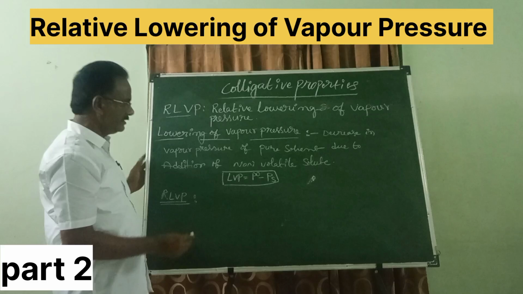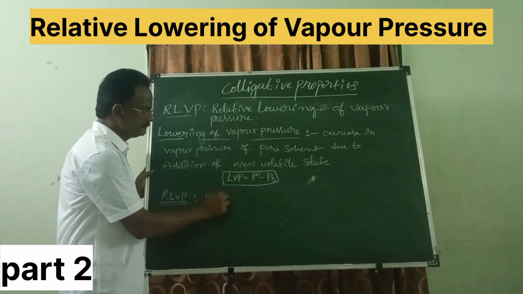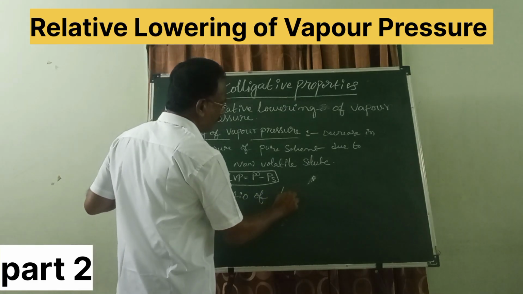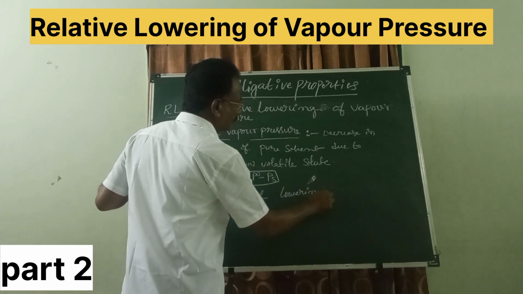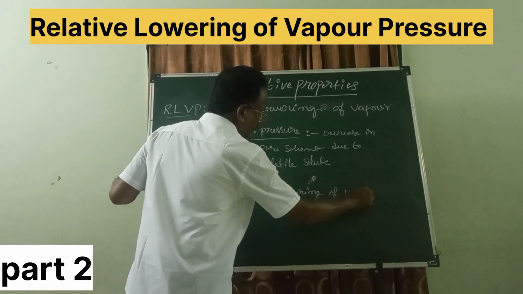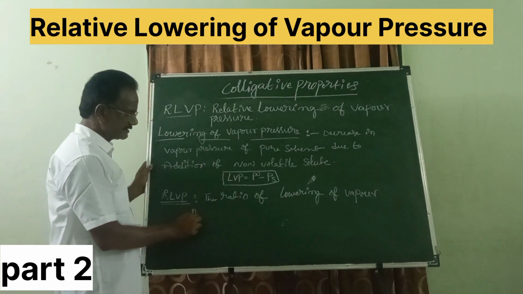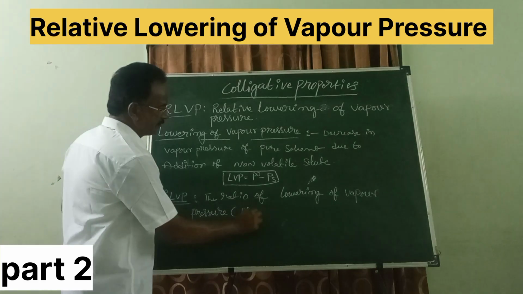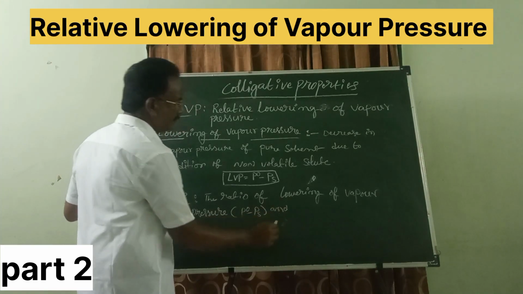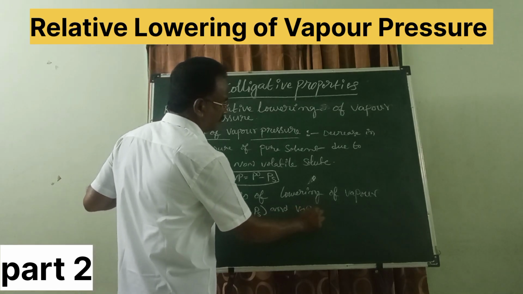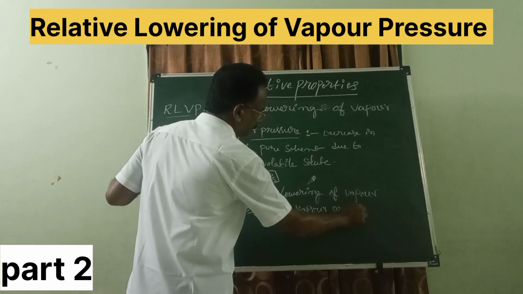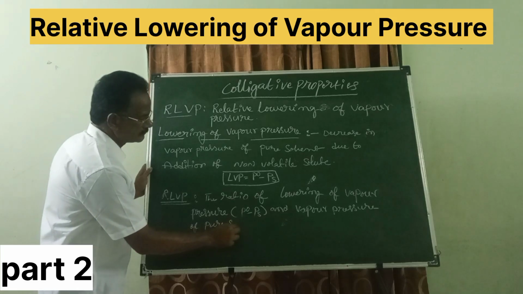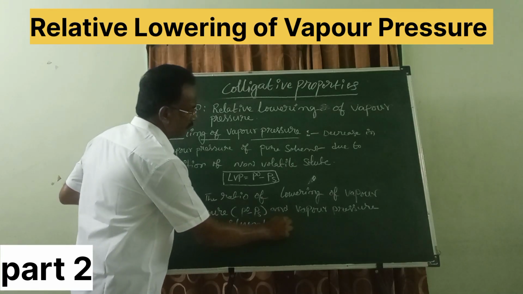The ratio of lowering of vapor pressure, which is P0 minus Ps, and the vapor pressure of pure solvent, P0.